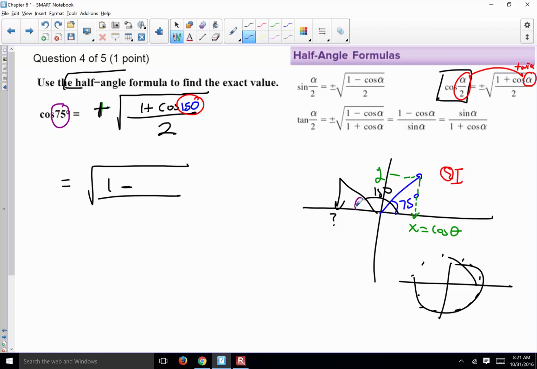Hint, its reference angle is 30. What is cosine 30? It's root 3 over 2.